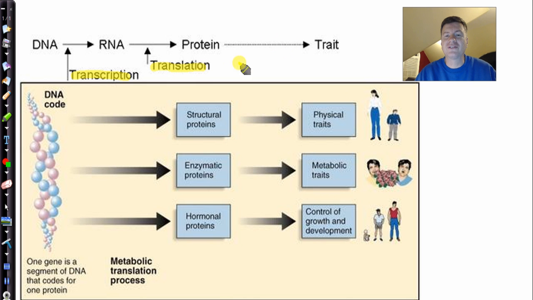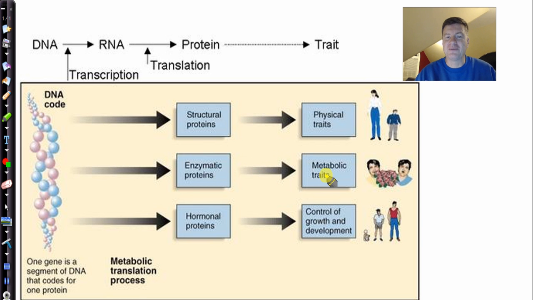But do recognize here, the trait ultimately goes back to the DNA sequence that you had in the nucleus that will then be read so that we can produce things like structural proteins, which result in traits, and enzymatic proteins, which result in metabolic traits, whether or not, for example, you are lactose intolerant.